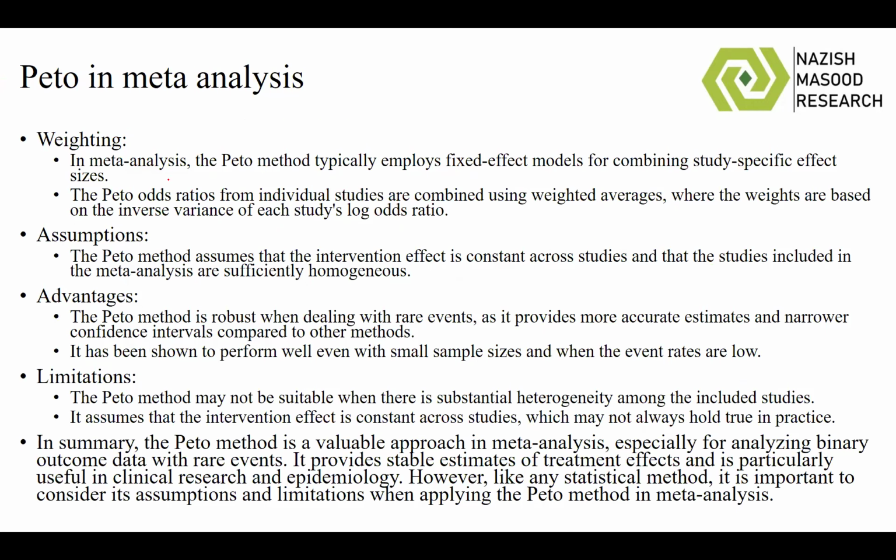So basically, these help us in calculating the overall effect sizes. The cumulative effect sizes are developed using either a fixed effect model or a random effect model. Within a fixed effect model, we can apply a statistical method called the Peto method, and the random effect model uses the Mantel-Haenszel method.